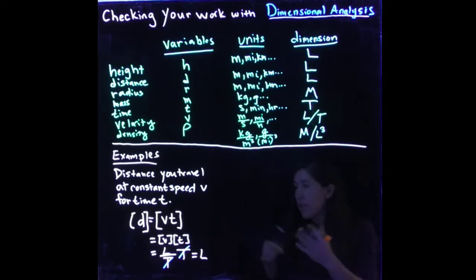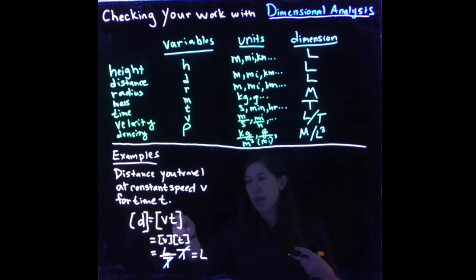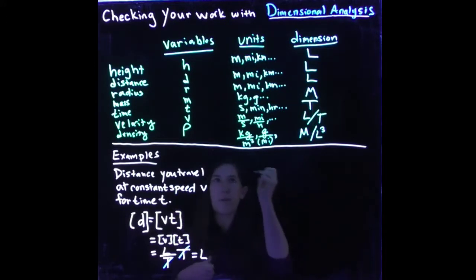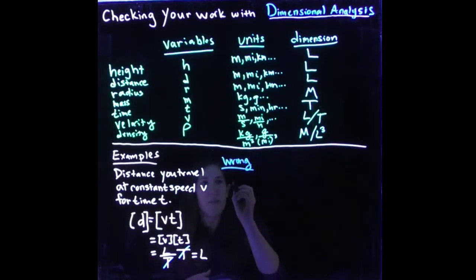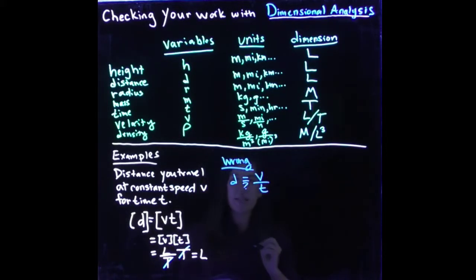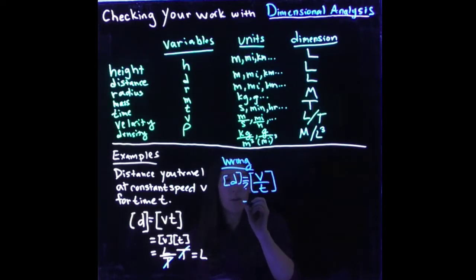Now maybe you had forgotten the formula or made a mistake and you tried velocity divided by time. Let's try that. So let's actually see. So the wrong thing to do is, let's say you thought, oh, maybe distance is velocity divided by t, and you're like, is this the right formula? We take the dimension of both sides. So again, this is just the dimension of velocity divided by the dimension of time.